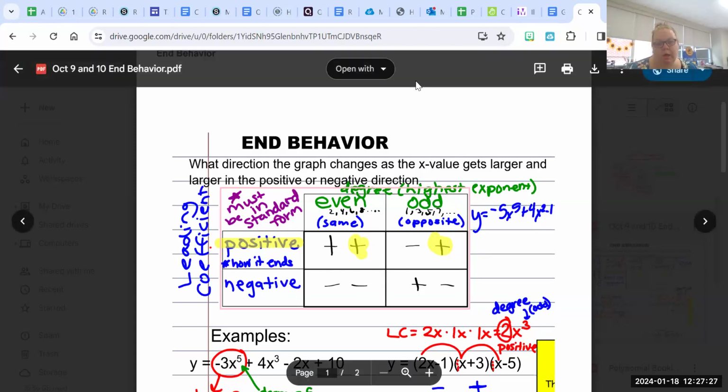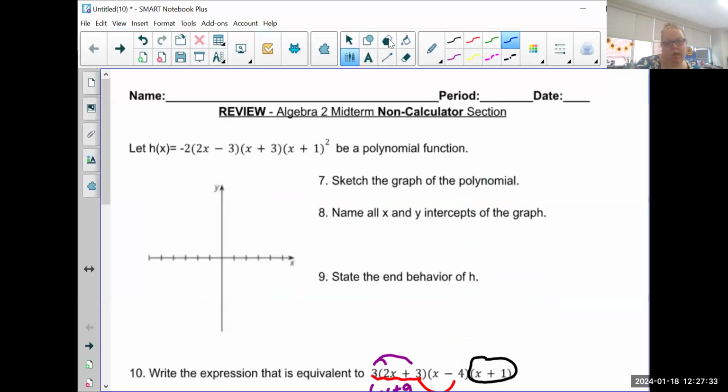So we look back at the question. We only need the leading coefficient and the degree. So when I multiply these, I'm going to do the same thing I just did down there. I'm going to multiply this times this and this times this. But I only really care about the leading coefficient. So I'm going to multiply the negative 2 times the 2 times the x times the x.